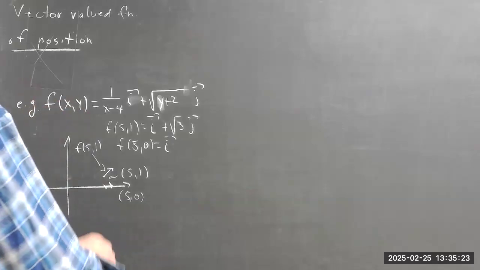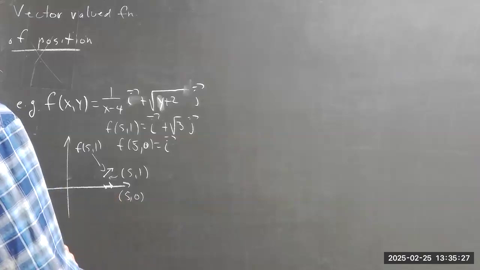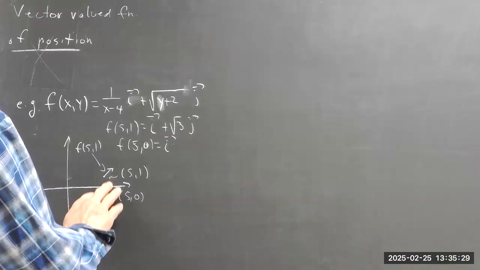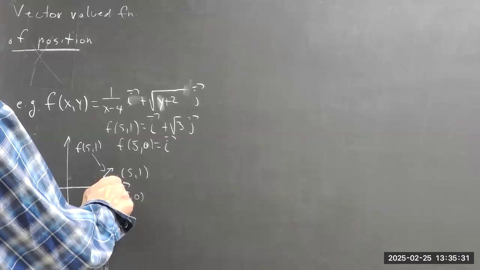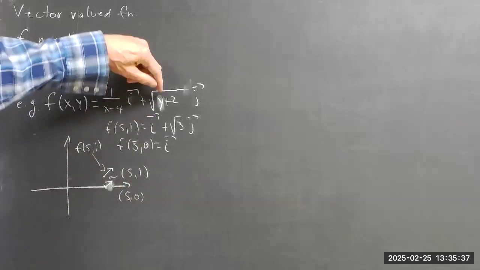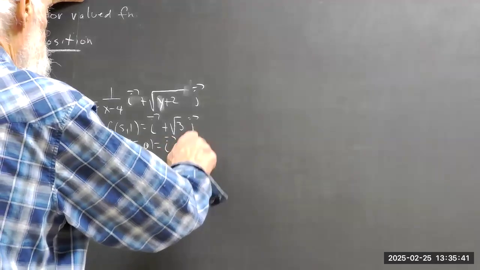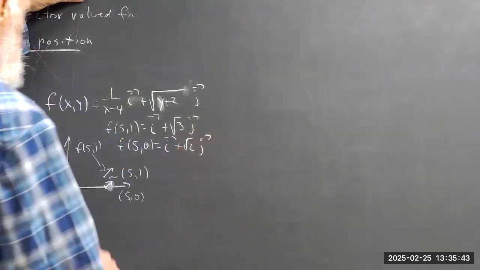So if I go up to, down to, let's look at something else. This vector is more like this. If x is 0, then you have square root of 2 j. So it's i plus the square root of 2 j.